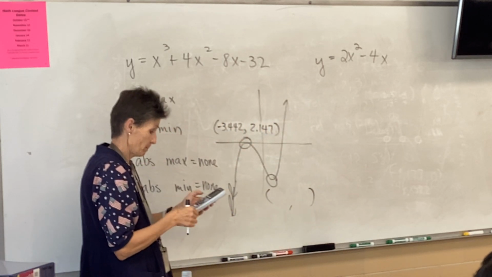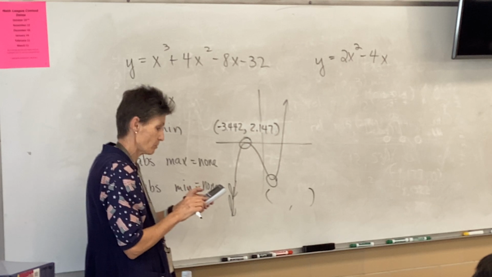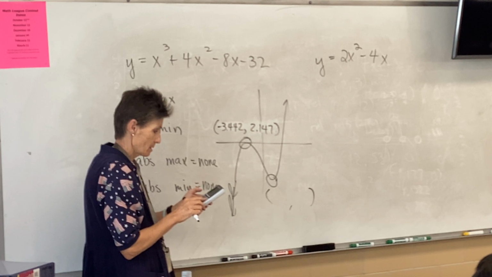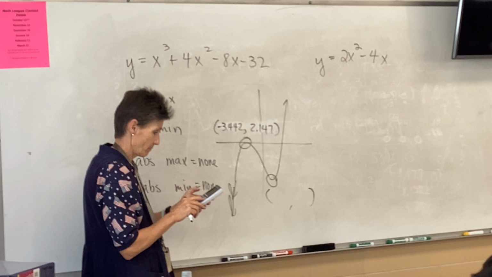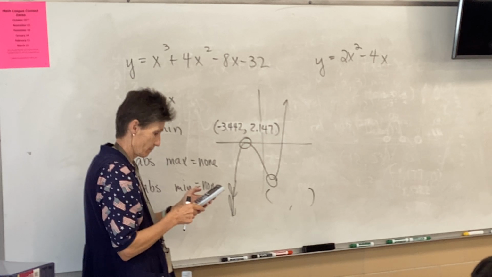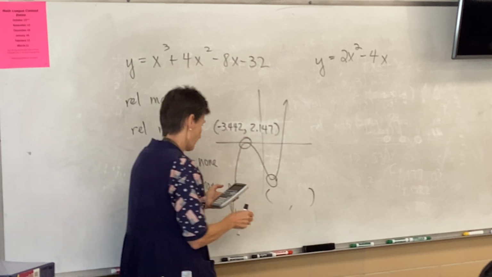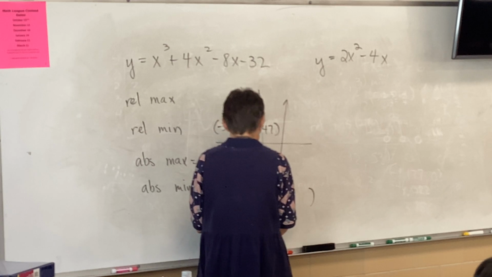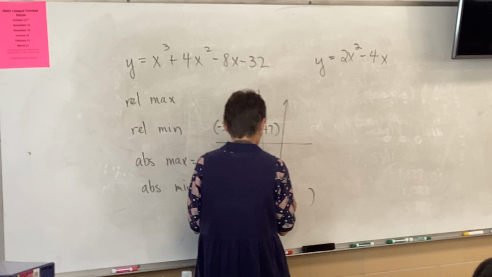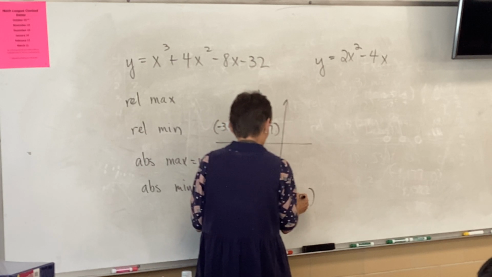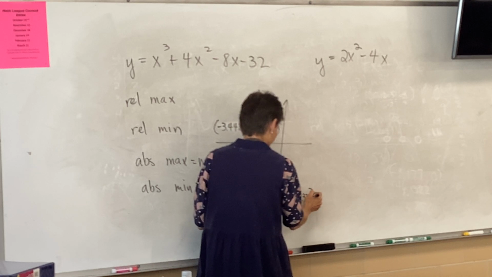I'm gonna go ahead and try it on my own. Oh, that's better. I got 0.775 and negative 35.32.